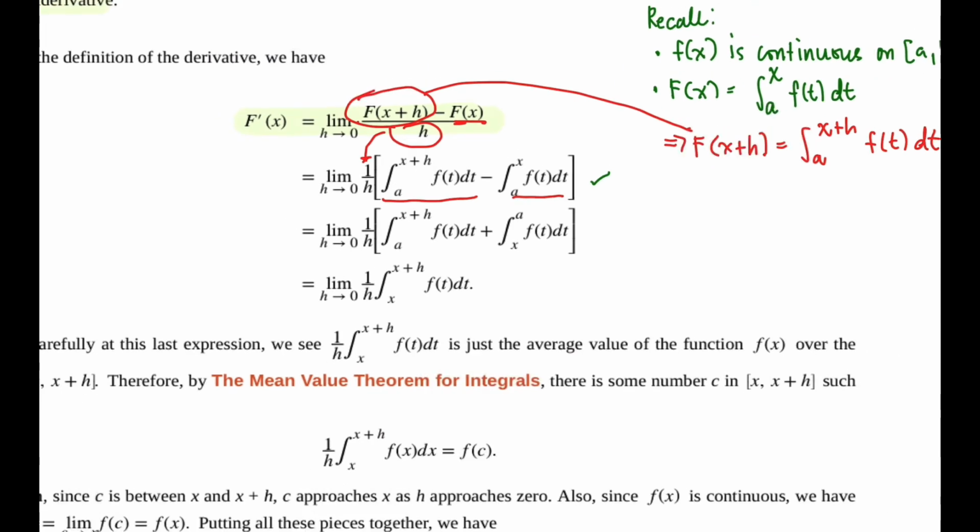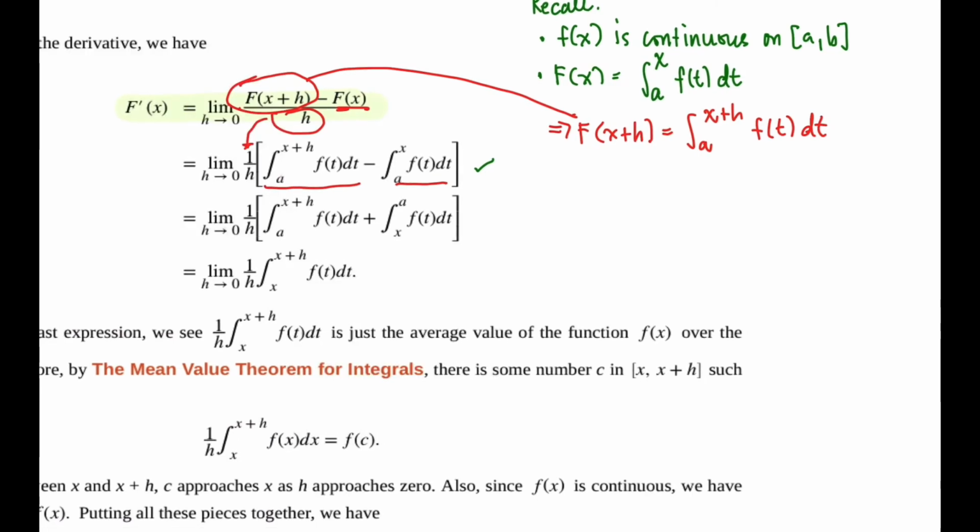Now, what happened here? From the second line, we get to the first line. If you recall again, if you have the integral from a to b of, let's say, f of x dx, this is just equal to the negative of the integral from b to a of f of x dx.